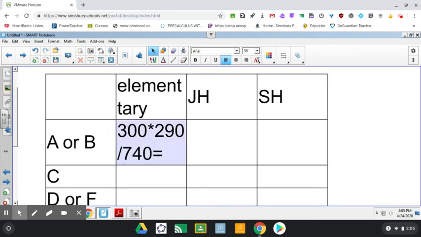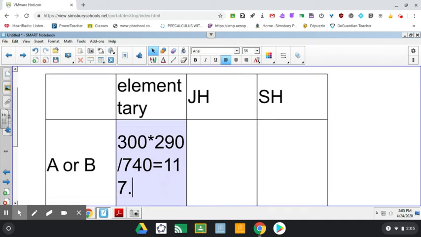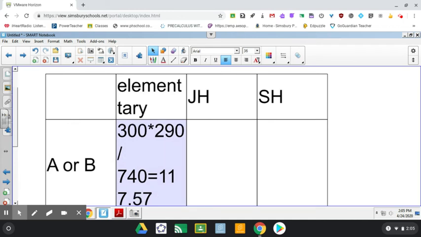Just so you know, that comes out to be approximately 117.57-ish. Which if you look back at the original table, it was 100. So we're pretty close, okay? Now, the rest of this, I'm actually gonna have you do in your graphing calculator.